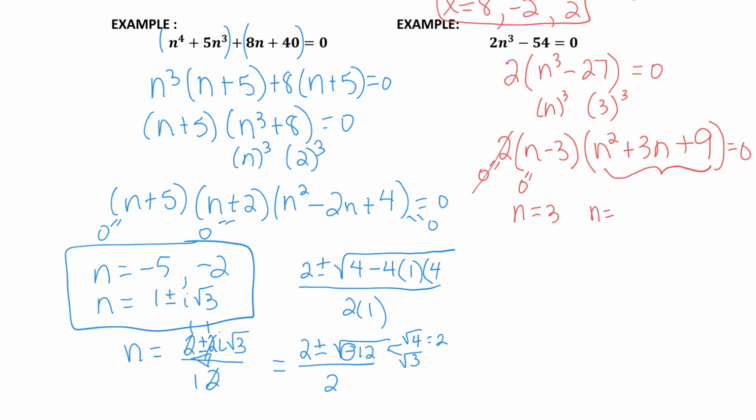So I'm going to do the opposite of b, which is negative 3, plus or minus the square root of b squared, 3 squared, which is 9, minus 4 times 1 times c, all over 2 times a, 2 times 1. So let's go ahead and simplify that.